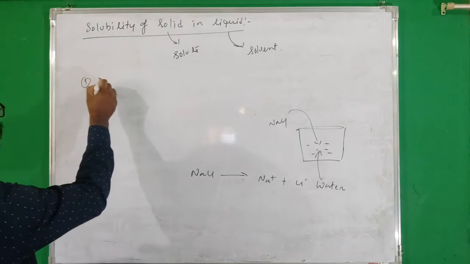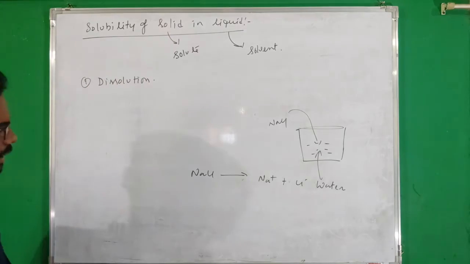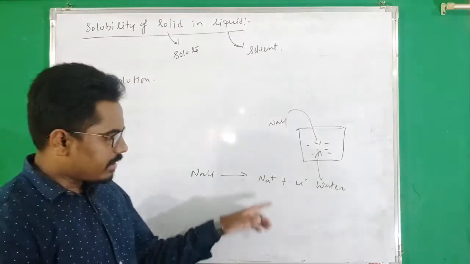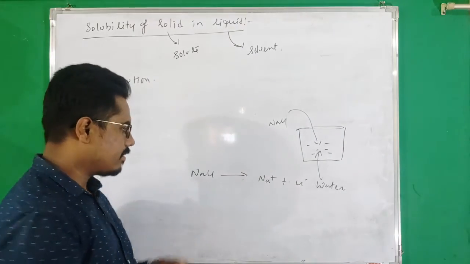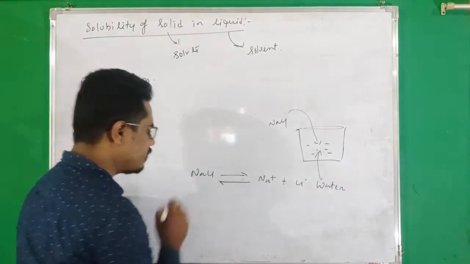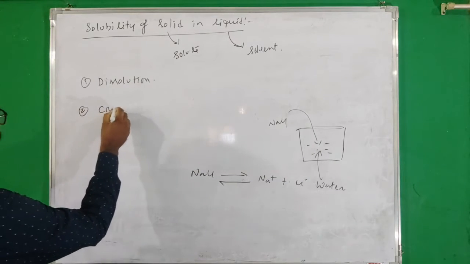So at first dissolution will occur, and again the Na positive and Cl negative ions can combine to give back the sodium chloride, and the reverse process is known as crystallization.